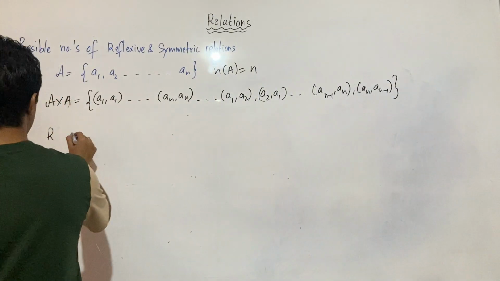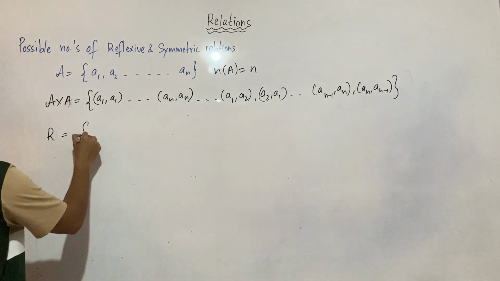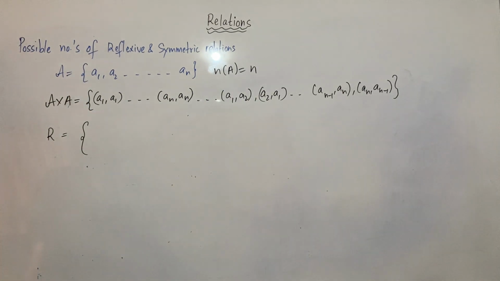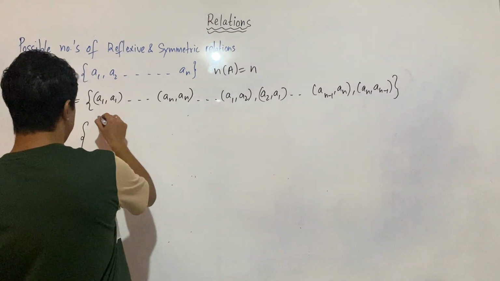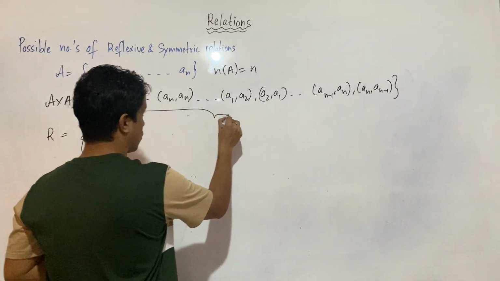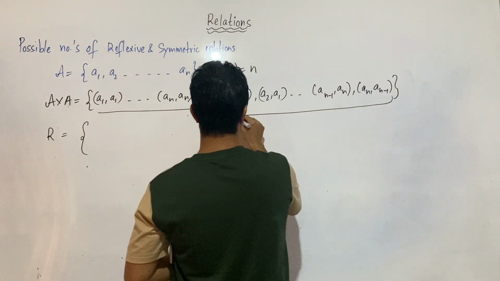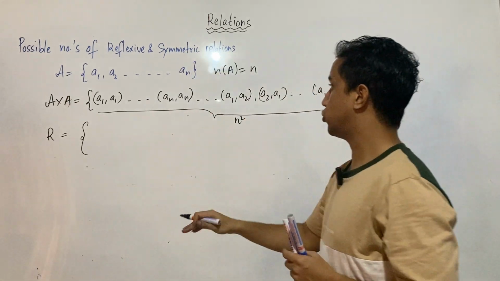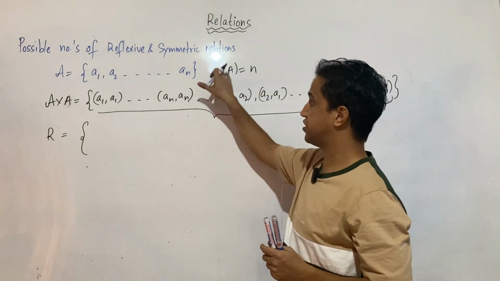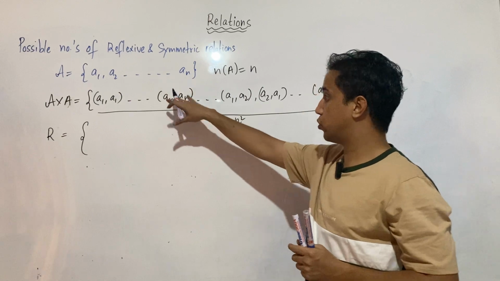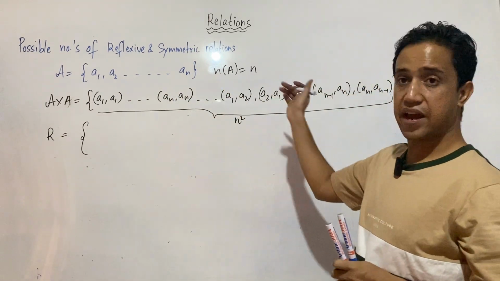Okay, now see here. One thing, the total number of elements here is going to be n square, right? I hope you know it because the number of elements in this set is n, so A cross A is n square.